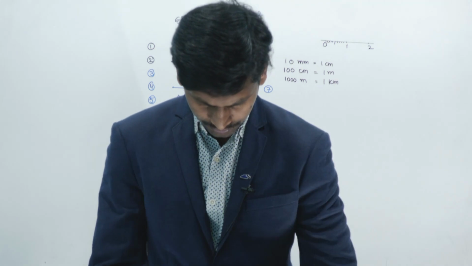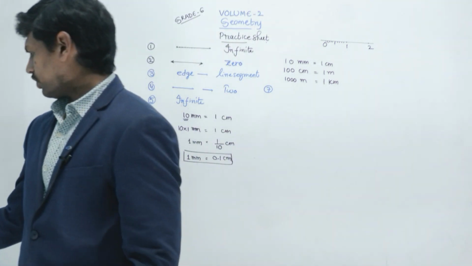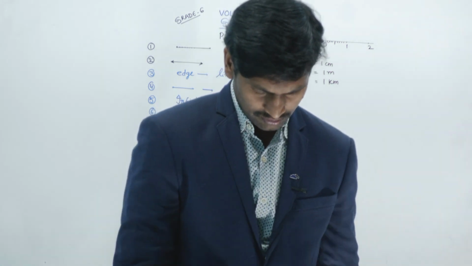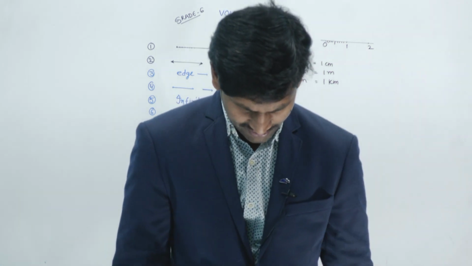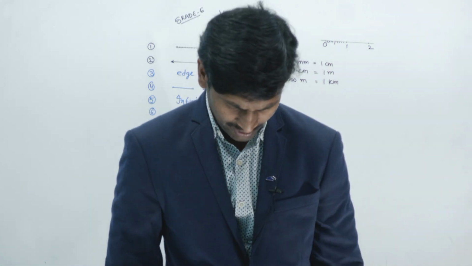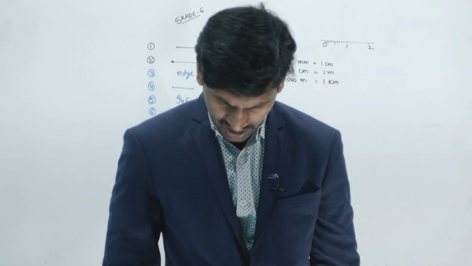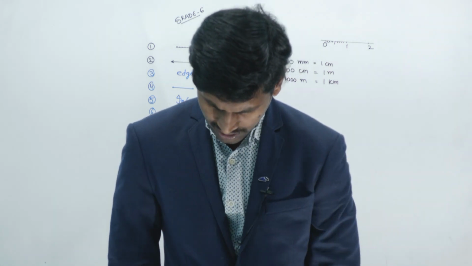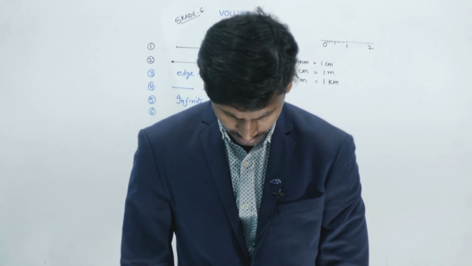Let us see the formulas which are given here. There are several formulas: n into n plus 2 by 2, n into n minus 1 by 2, n plus 1 by 2, like that many are given.